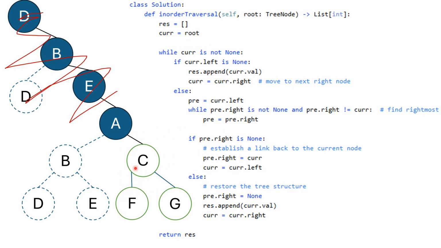The left side of C has something, so it will find the rightmost node, which it doesn't have, and you add the pointer of F to C. And then to the next slide.